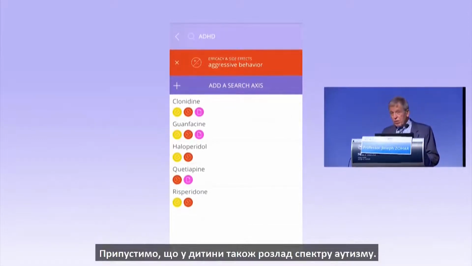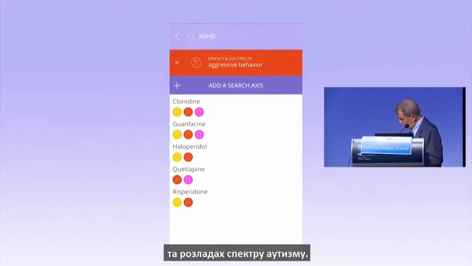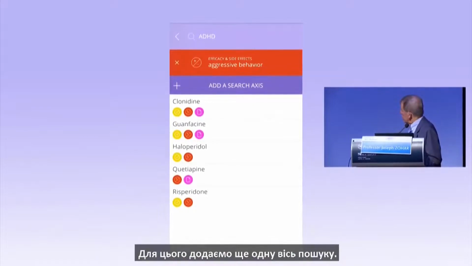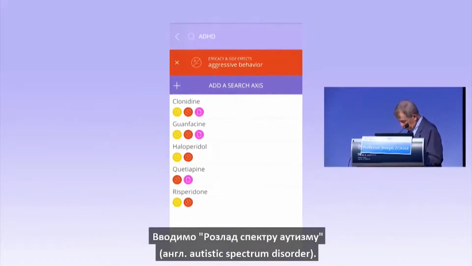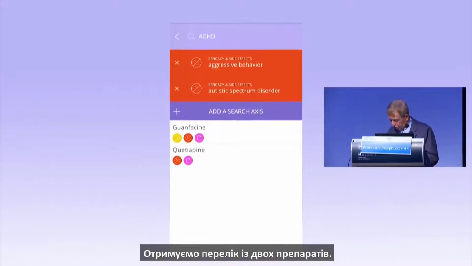This individual child also has autistic spectrum, so we'd like to get medication that works for ADHD with aggressive behavior, and in the autistic spectrum, again pushing on add search axis, typing autistic spectrum, and we get these 2 medications. But as we are looking at this child, we realize that there are tics also.